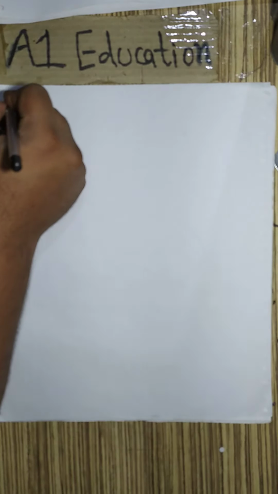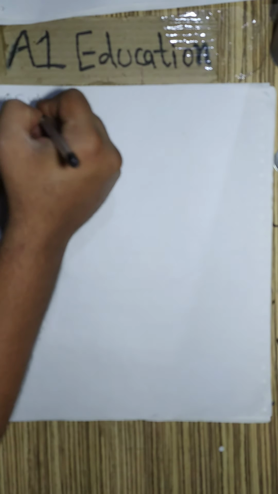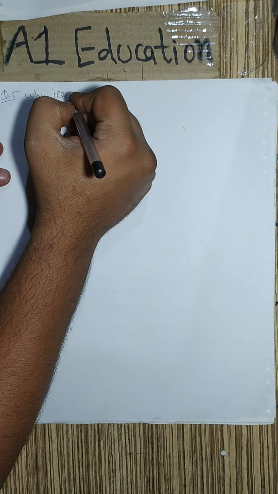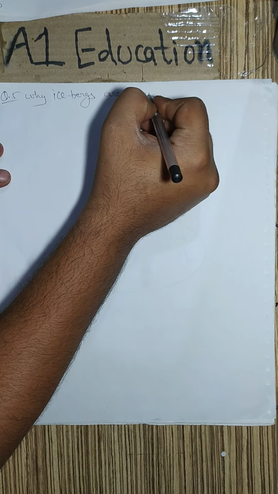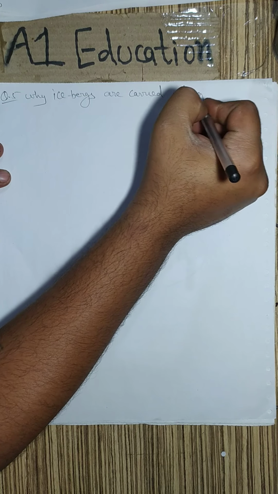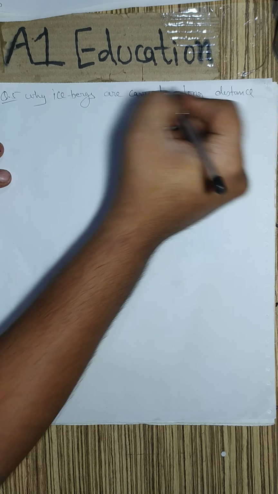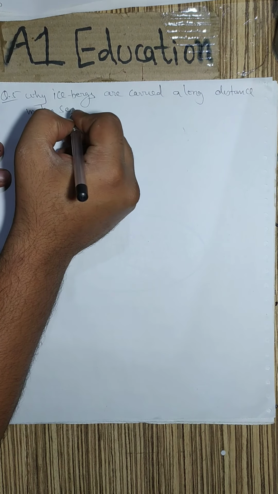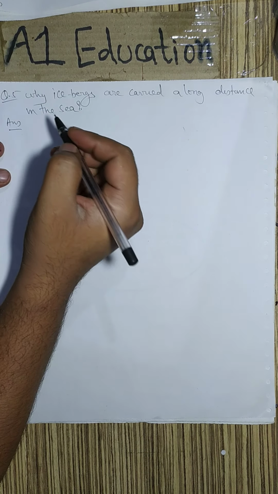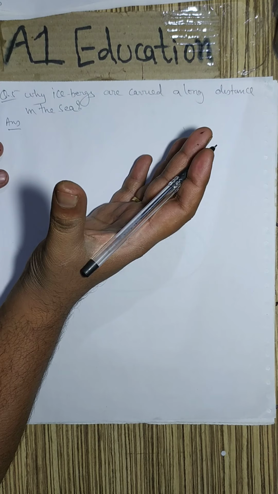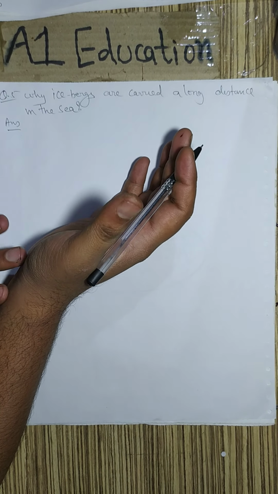Next question we discuss is why icebergs are carried a long distance in the sea. Again, the simple reason is the large amount of latent heat of fusion of ice. Ice to melt, it needs large amount of heat.